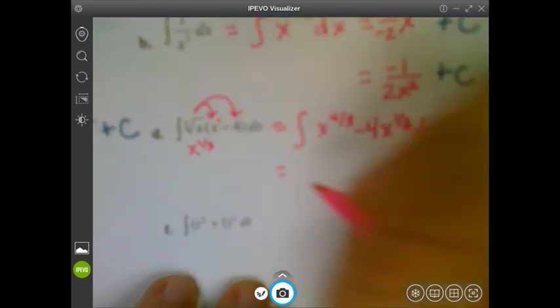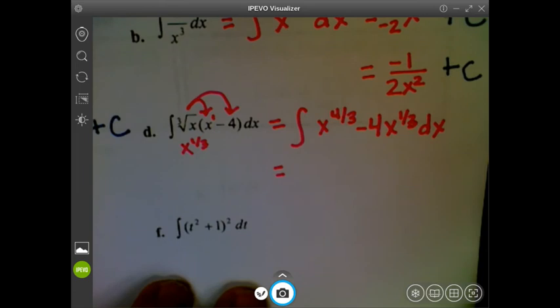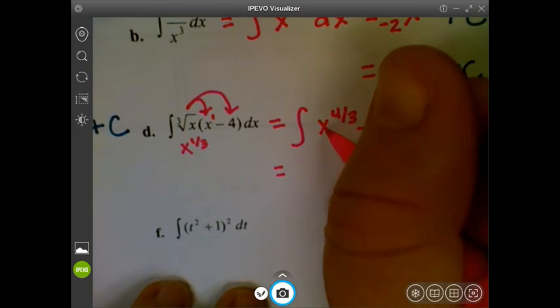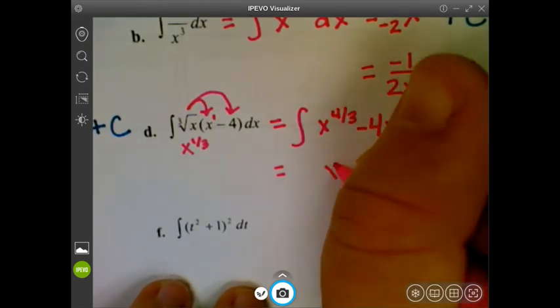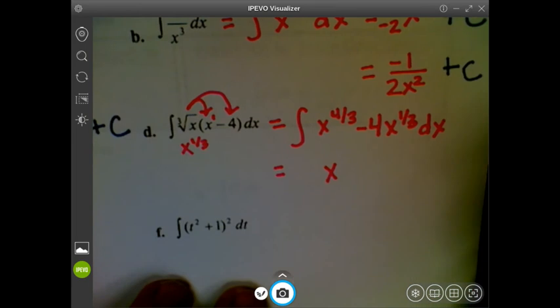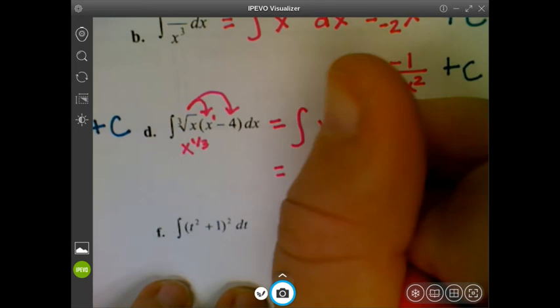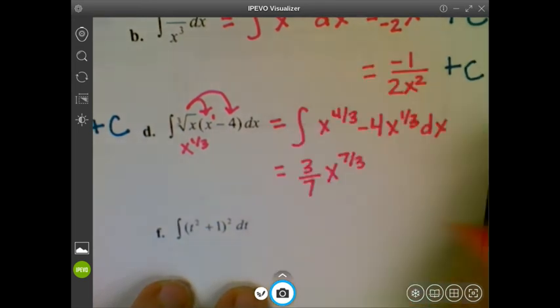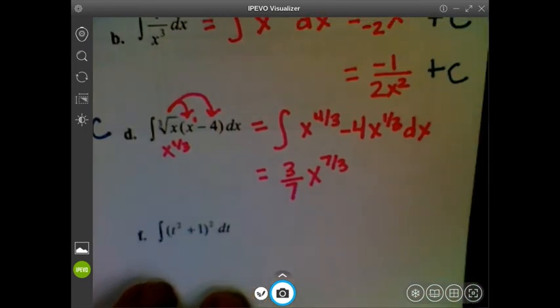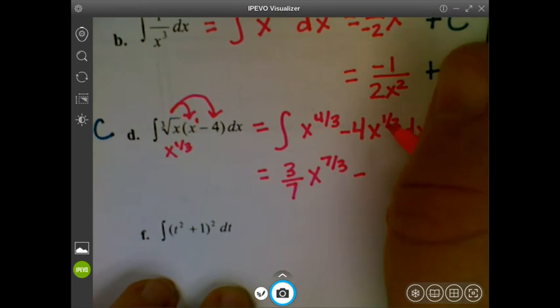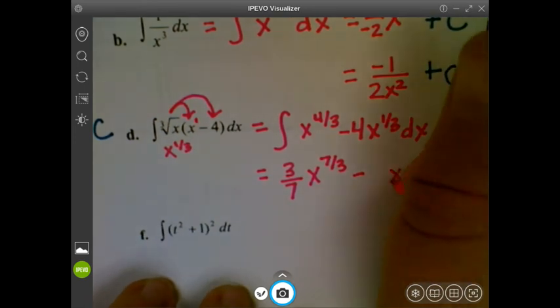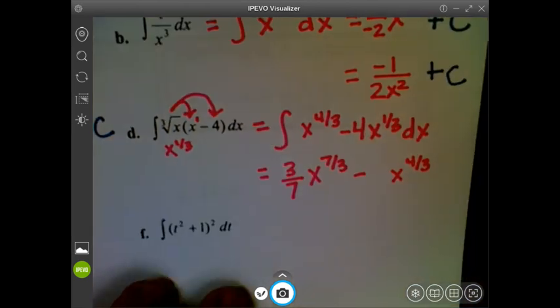And then go ahead and add to the power and then divide by the new power. So x to the 4/3, you're going to add 1 to it. So you're adding 3 over 3. So you'll have 7 over 3. And you're dividing by 7/3. So this will be 3/7 in the front. For this one, we are adding to the power. So this will be x to the 4/3 power, adding 1.